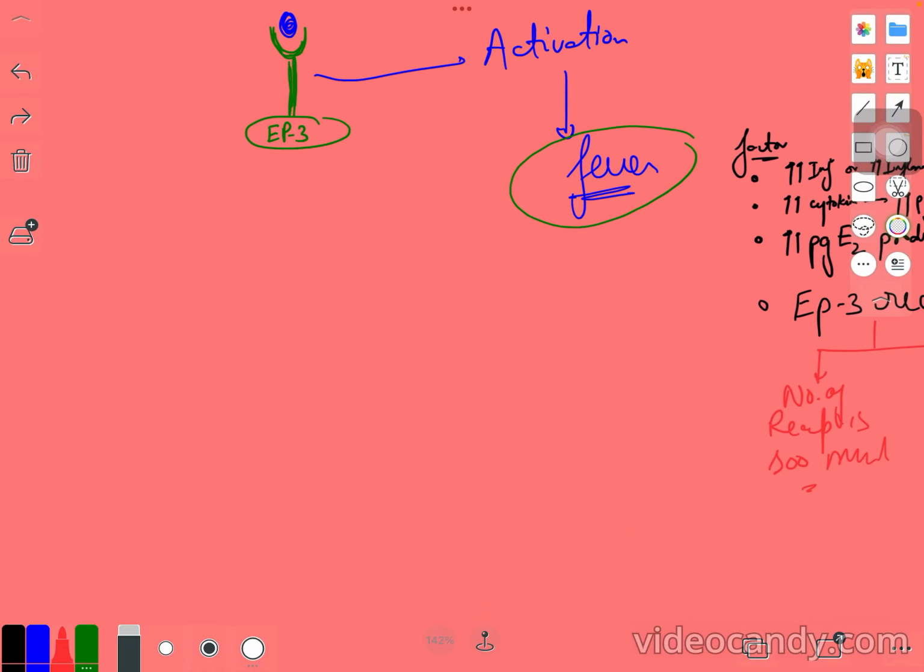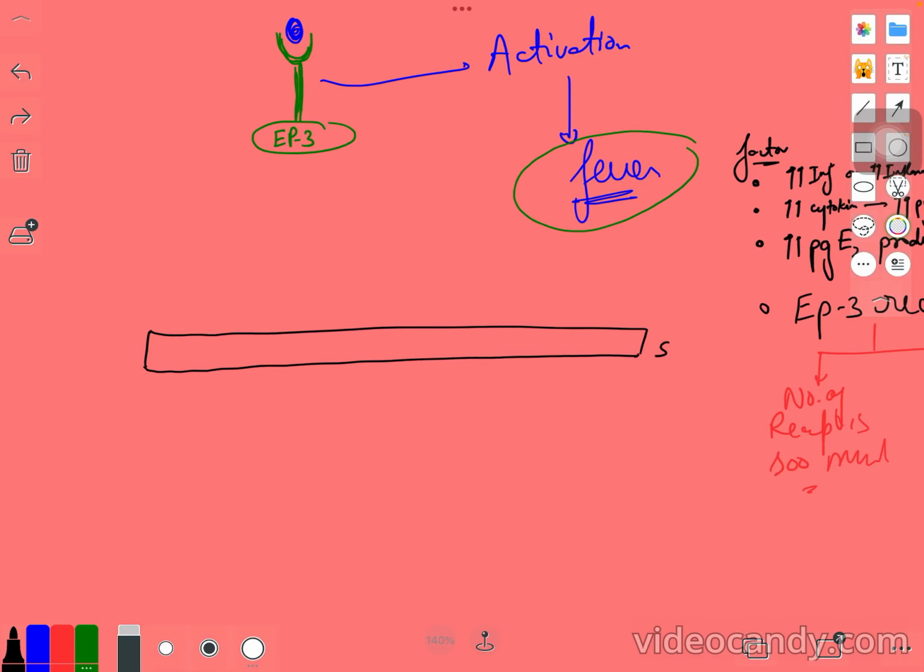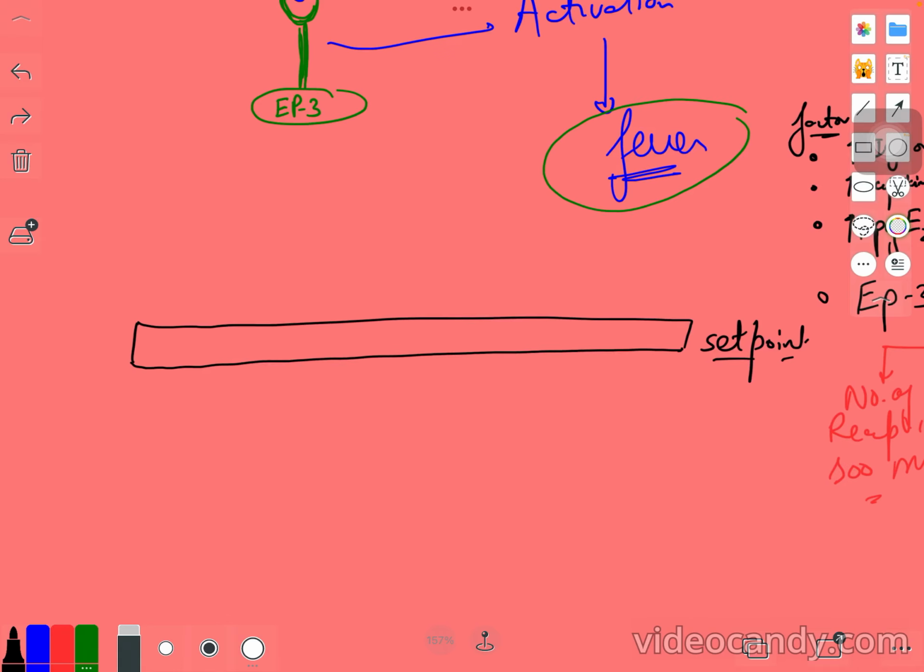So in our body there is this bar, which we call a set point. This is a type of set point, used very vaguely in the physiology of fever. Normally in our body we have normal thermoregulation. Whenever the body tends to heat up so much, we sweat a lot in order to cool the body temperature down.